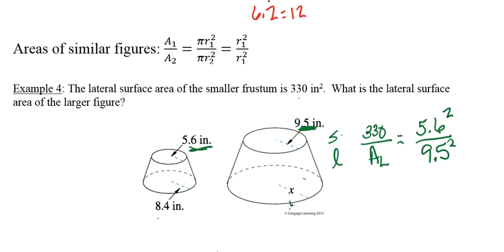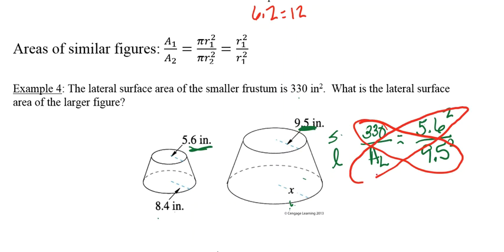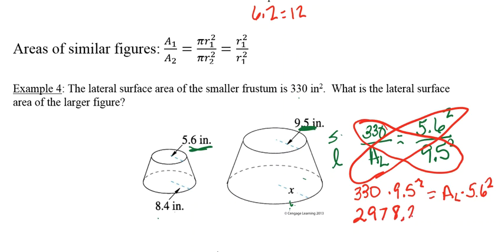So not only am I going to cross multiply, I'm going to go ahead and do the squaring at the same time. So I have 330 times 9.5 squared equals the area of my large times 5.6 squared. 330 times 9.5 squared, 2978.25.